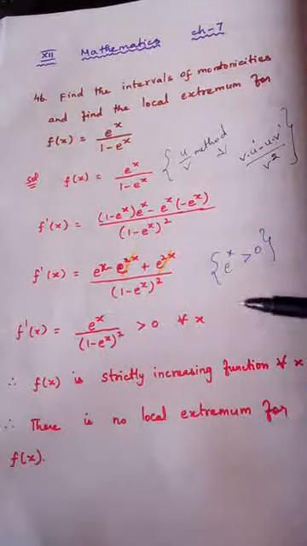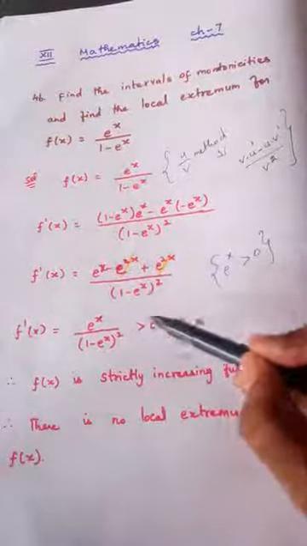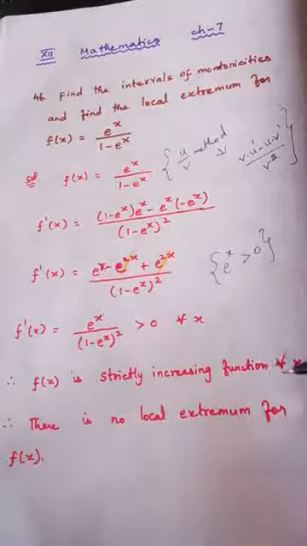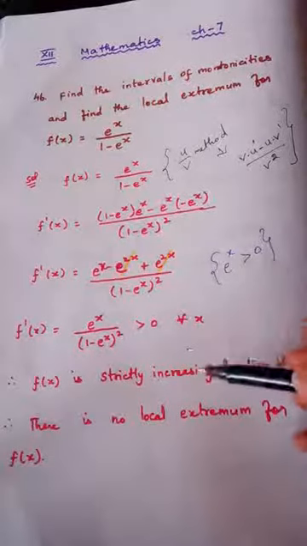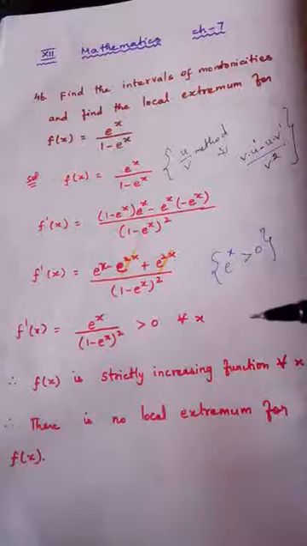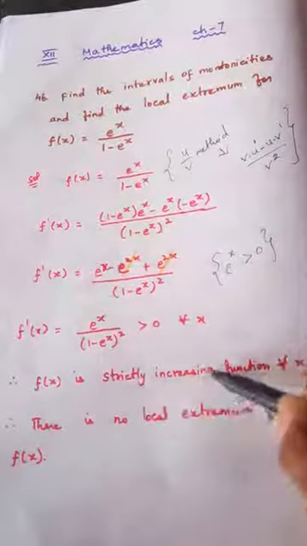The function will not decrease, because f dash of x is always positive. So it cannot become a decreasing function at any interval throughout the domain. In fact, to tell properly, throughout minus infinity to plus infinity, the curve is only increasing.